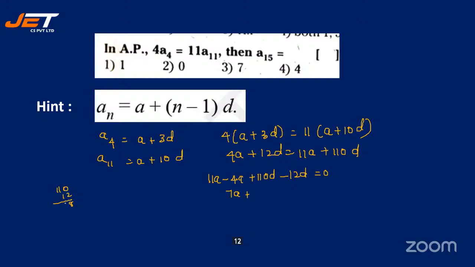So you will get 98. Isn't it? So plus 98D is equal to 0. So what is the value of A? So 7A is minus 98D, which implies A is equal to minus 98D by 7. Isn't it?